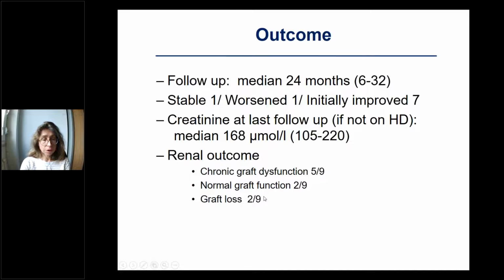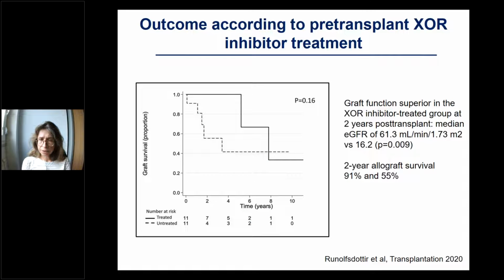2 patients finally lost their graft. 2 patients had normal graft function, and the majority of the patients have chronic graft dysfunction. Again, what is the outcome according to the treatment? Of course, when you have relapse of the disease on a kidney transplant, you have to make the diagnosis and then the treatment.